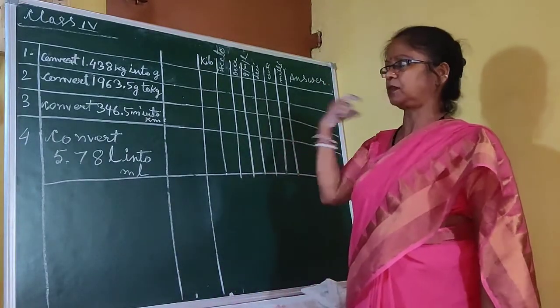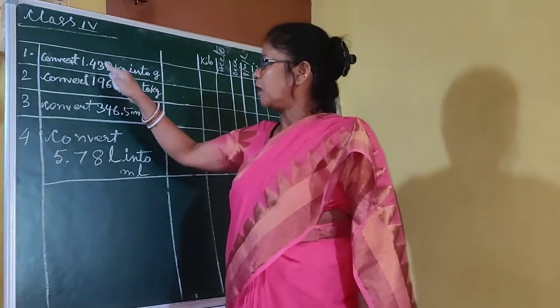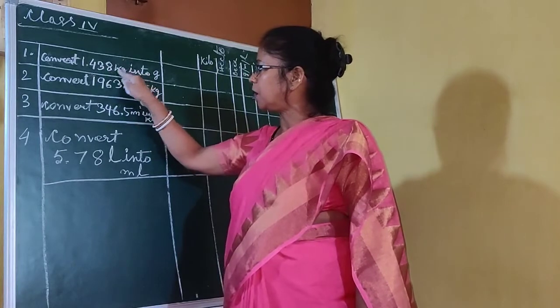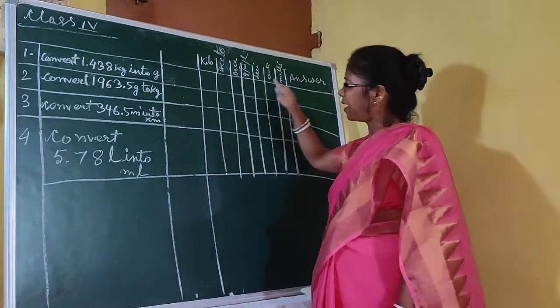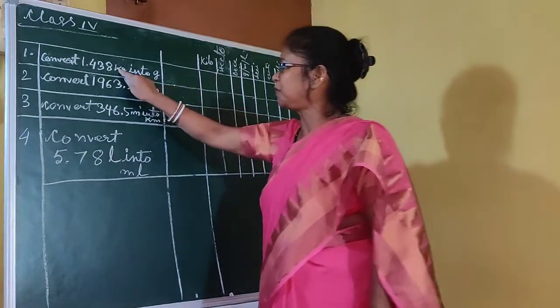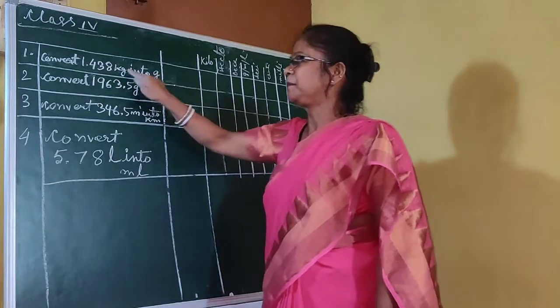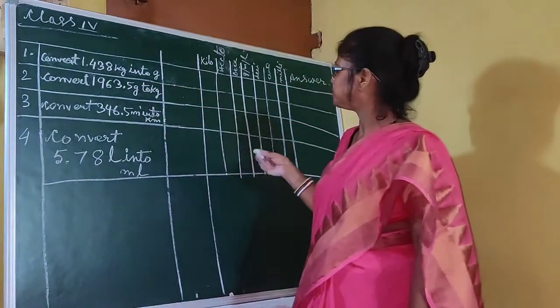What is the question? Convert 1.438 kilogram into gram. On this table I find it is a greater unit to smaller unit, so multiply. Multiply by how much?